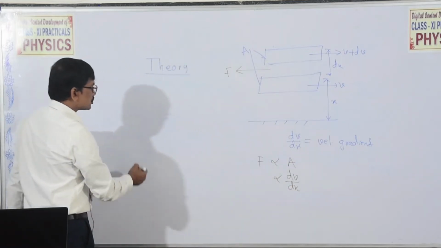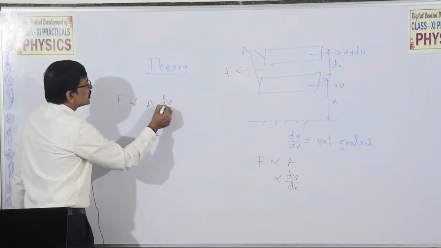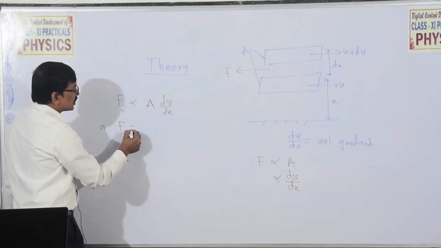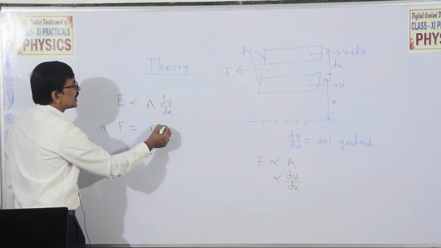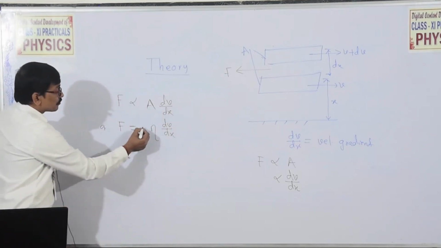If you combine these two, you get F proportional to A into dv by dx, or F equal to eta, a constant, into A into dv by dx. But I will put here a minus sign.